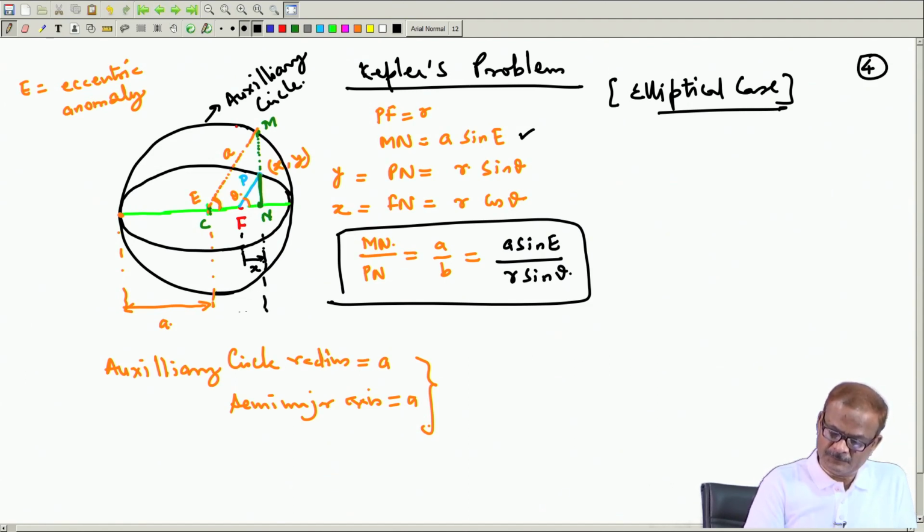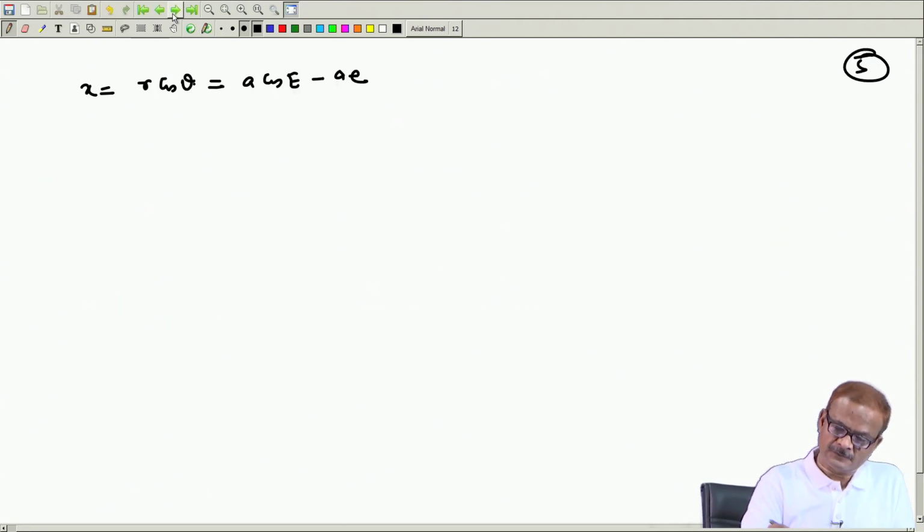This distance is up to this point, because this is the radius of this circle, this is A. So, therefore, this becomes A cos E, and the distance between this and this is A e. So, we are subtracting to get x. So, also x can be written as x equal to r cos theta equal to A cos E minus A e, equal to A common, taking (cos E minus e).